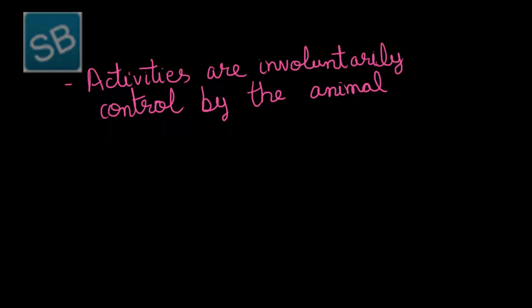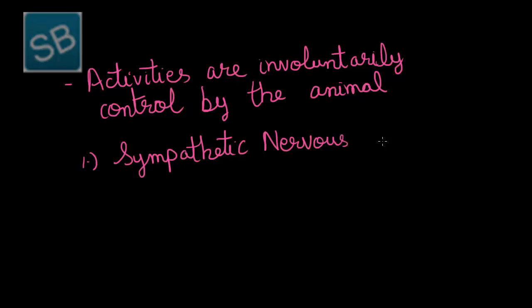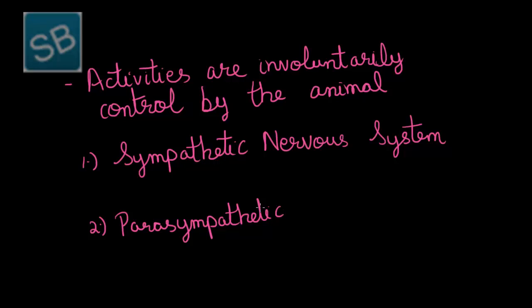This involuntary nervous system consists of two types, that is sympathetic nervous system and parasympathetic nervous system. These two systems entirely work opposite to that of one another. That is, they perform complementary functions to each other.